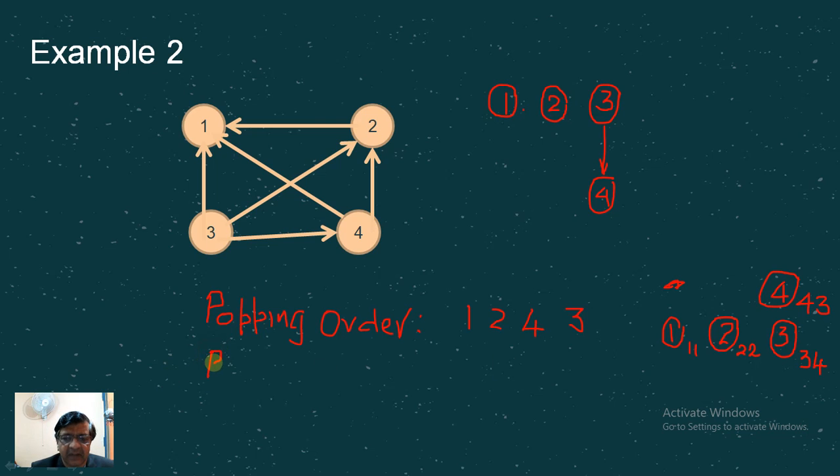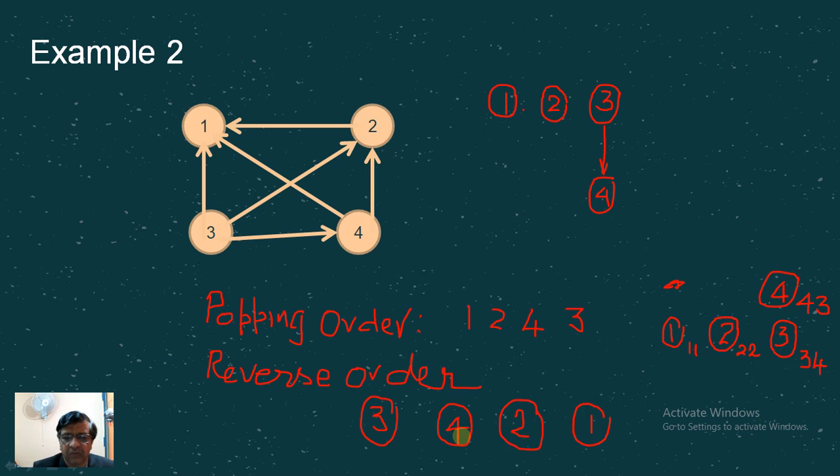The reverse order is the topologically sorted list. The reverse order is 3, 4, 2, 1.